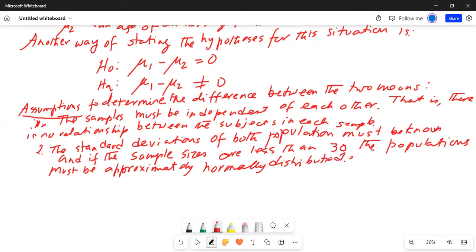So okay, we have to calculate our test statistic.